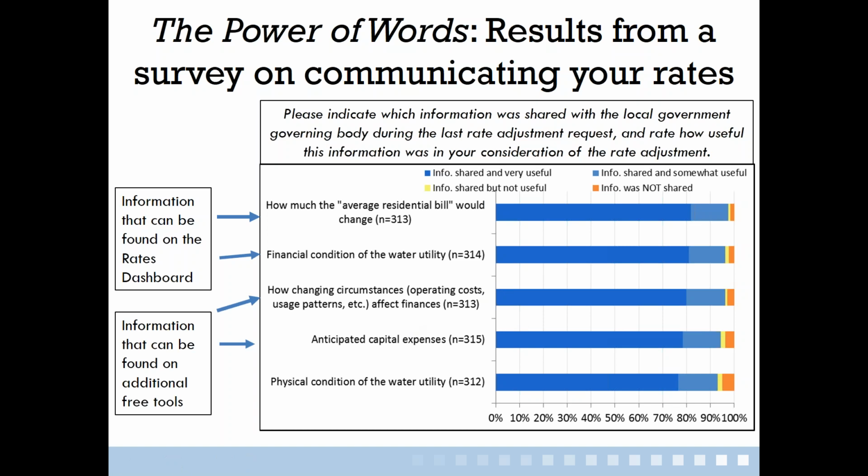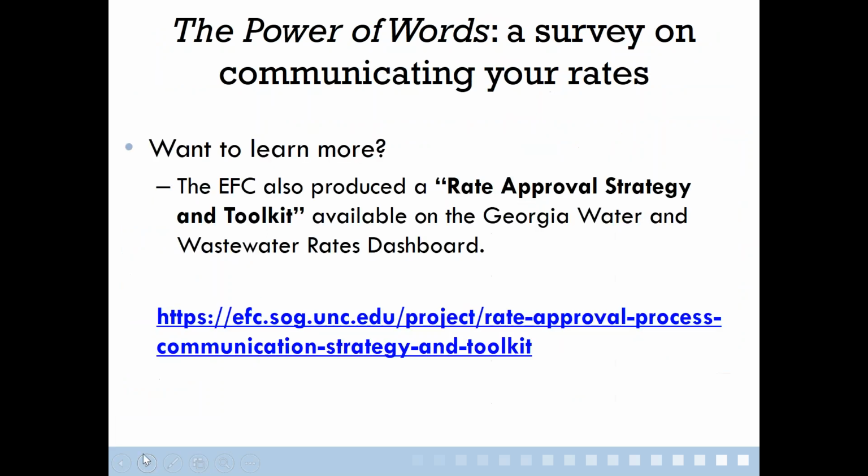So the dashboard can really be a resource to folks who work at utilities in communicating some of these rate increases and making sure that they can have effective and frequent communication with their governing boards. So that was just a brief overview of some of the results of that survey.